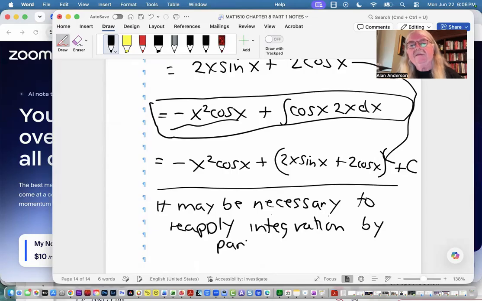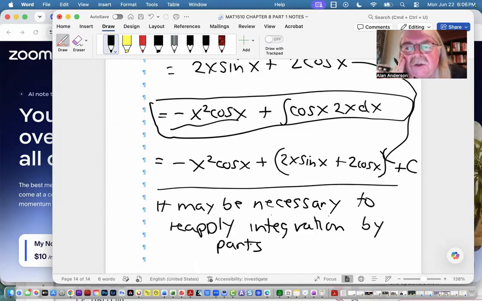Now, if they give you a really horrendous problem, it's possible that you have to repeat it more than once too. It's not unthinkable. You could have to do this two or three times, but hopefully you won't get anything that messy in WebAssign. But once maybe, but that would be about it. So if you do, as long as you come up with something a little bit simpler, you know you're on the right path. Okay, and that's what happened here.